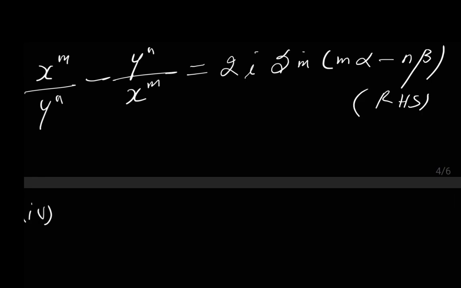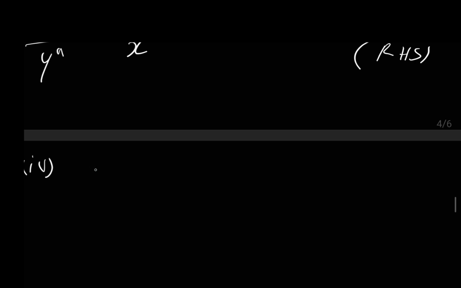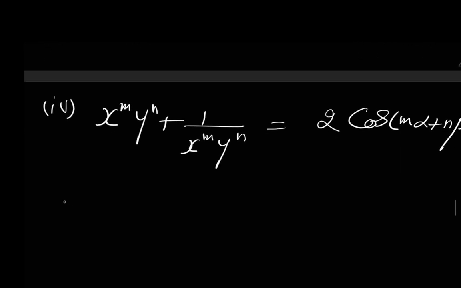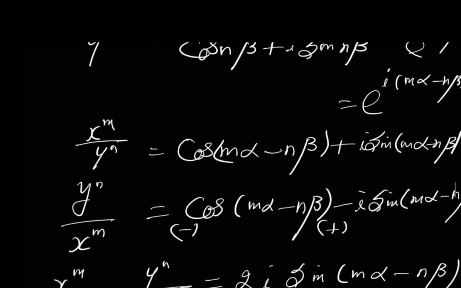Let's come to the fourth one, proving x power m y power n plus 1 by x power m y power n is equal to 2 cos of m alpha plus n beta. You have to show this. So take x power m y power n. I have already shown you.